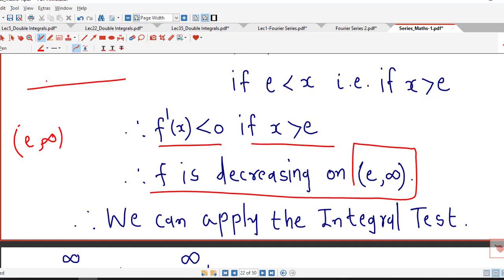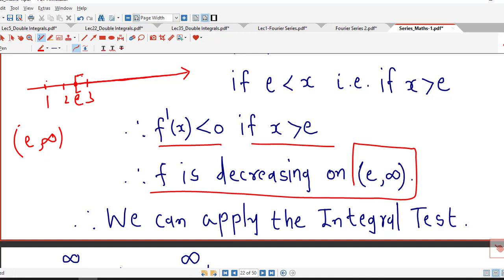Our function is defined from 1 to infinity, but as we discussed, if we can find out some point such that after that point our function is decreasing, then also we can apply the integral test. Here that point is e.